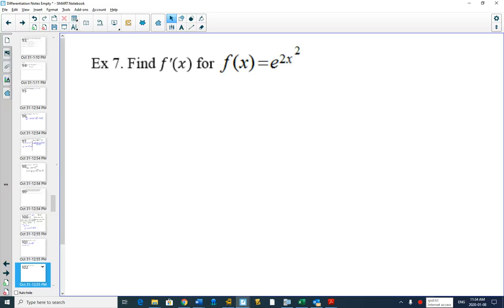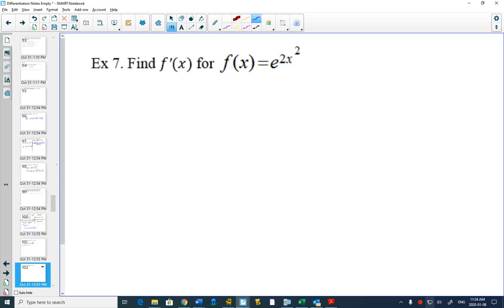So the most difficult thing with the chain rule is just deciphering what's inside of what in different situations. Can you see that the 2x squared is inside of e to the x? Okay?